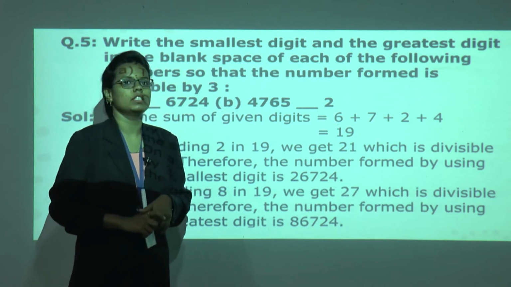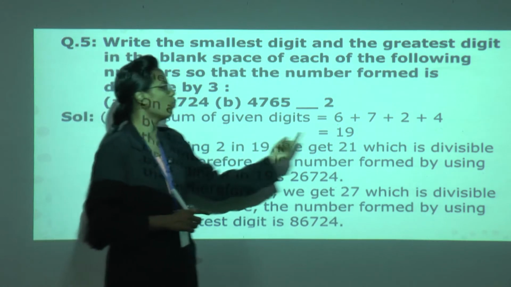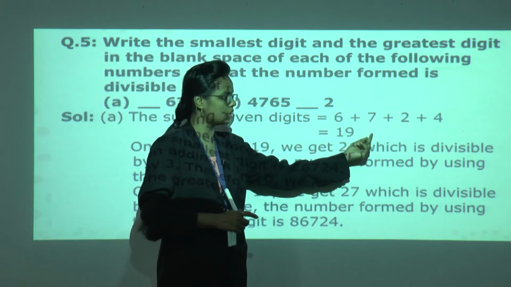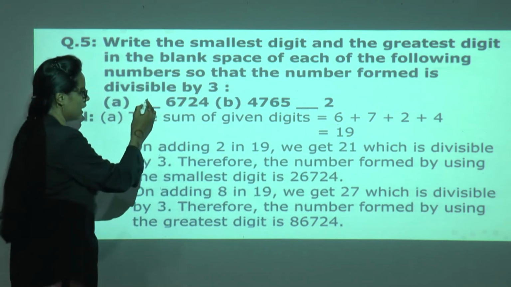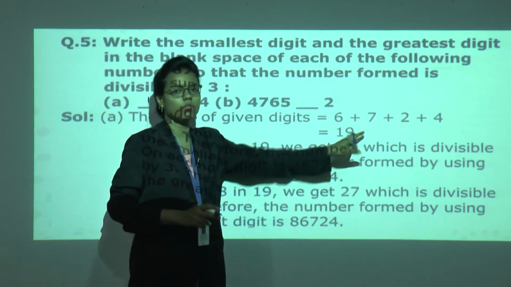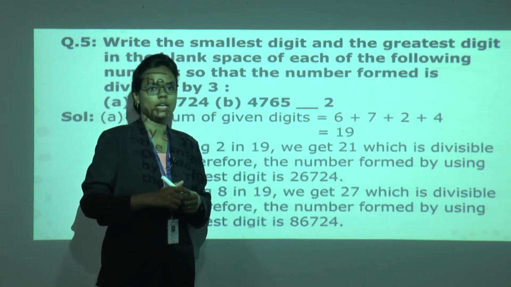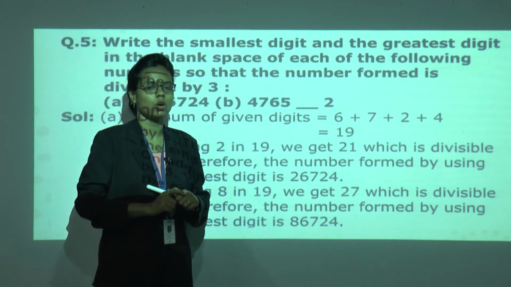Which is the smallest digit? 1. If we add 19 plus 1, we get 20. Tell me whether 20 is divisible by 3? No, 20 is not divisible by 3.